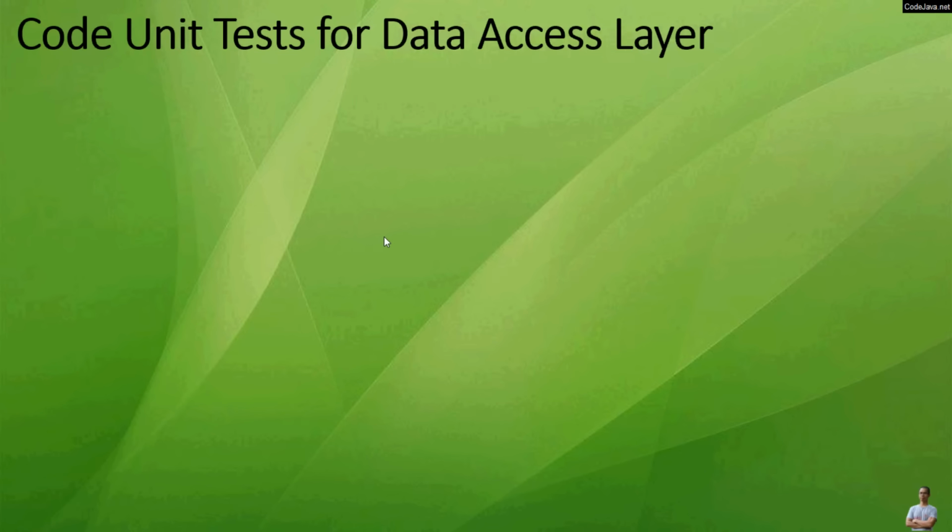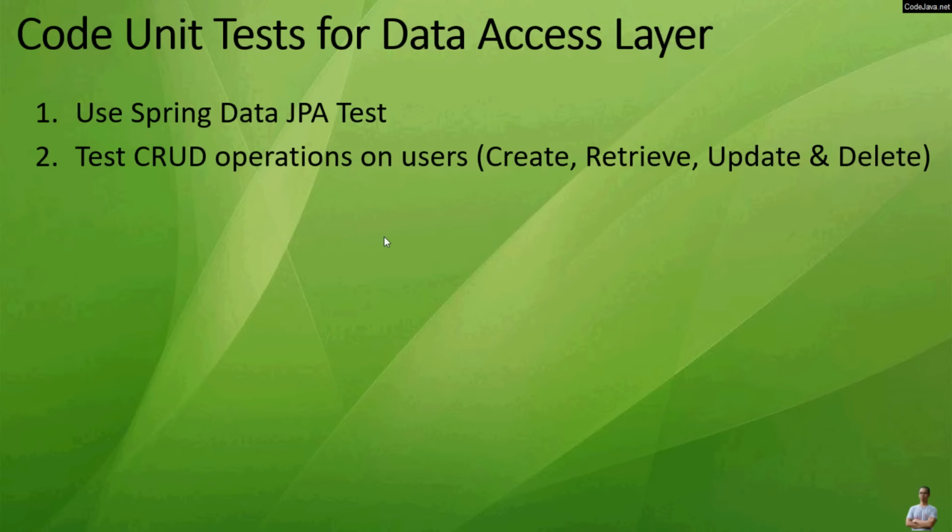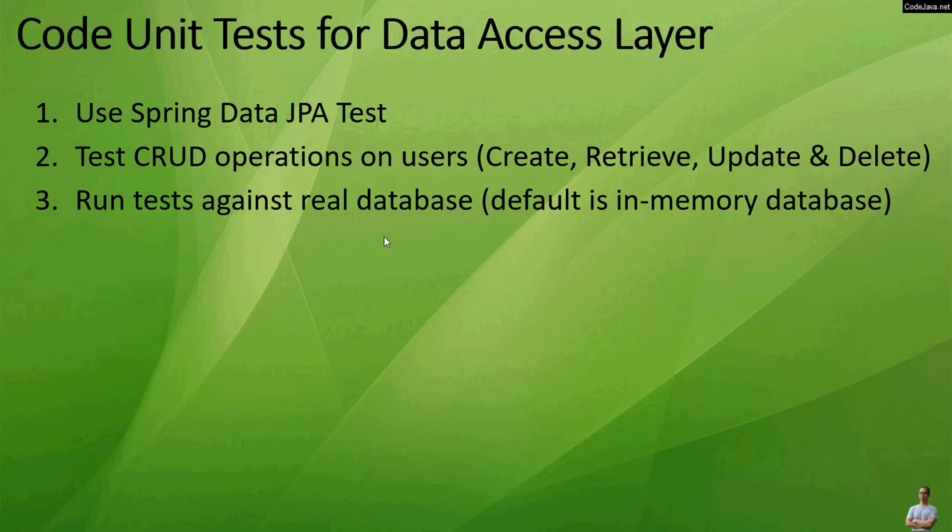Next, you will learn how to write some unit tests for the data access layer of the user module. In detail, we need to use Spring Data JPA Test, and then we write some unit tests for testing CRUD operations on users, such as create, retrieve, update, and delete. And we run the test against a real database instead of the default in-memory database.